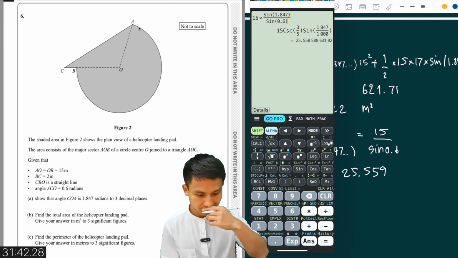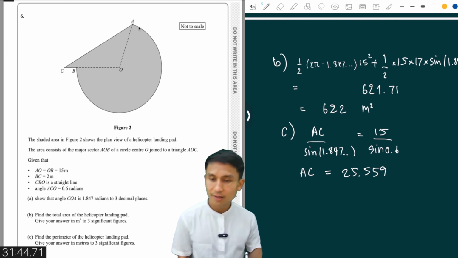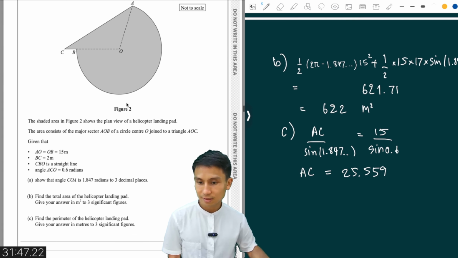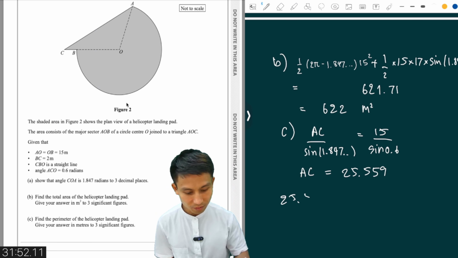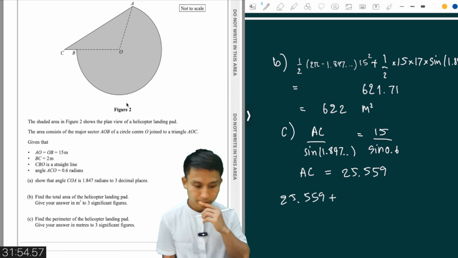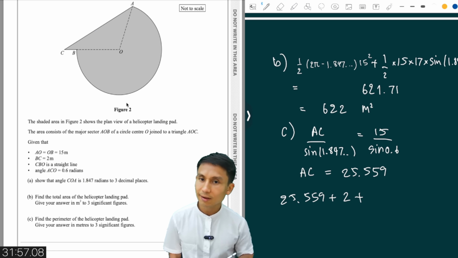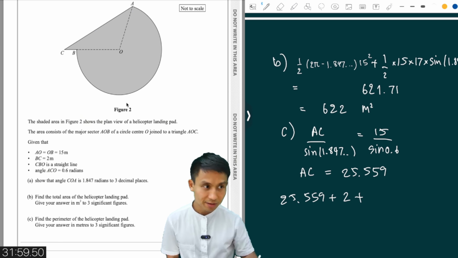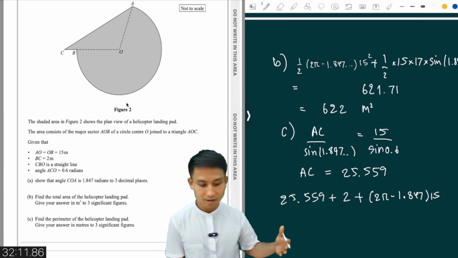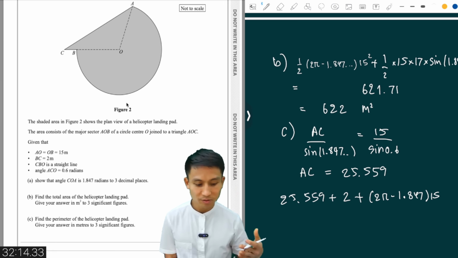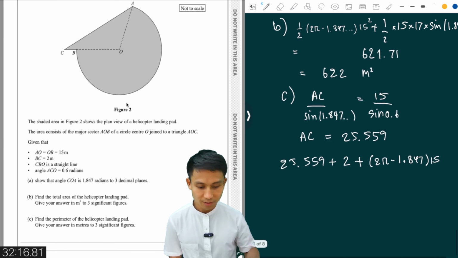And then we add them up: 25.559 plus 2 plus the major arc, which is theta r. So that's 2 pi minus the same angle, times r, which is 15. Just s equals theta r, and theta is 2 pi minus 1.847, for that major arc.